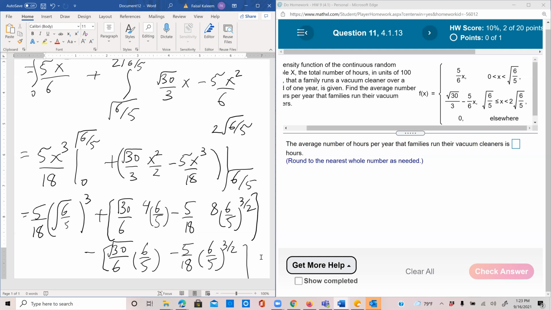So this one, let's see, what's the quickest way to do it? So 5 times 6/5 to the 3/2, divided by 18. Okay. And then plus 24 square root 30 over 30.